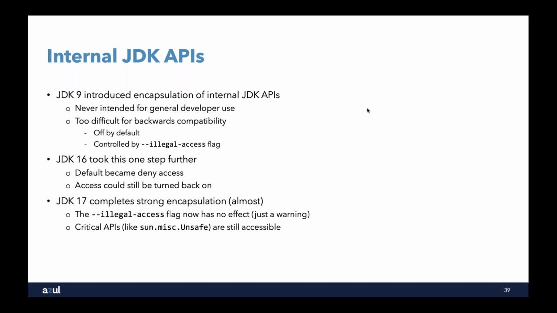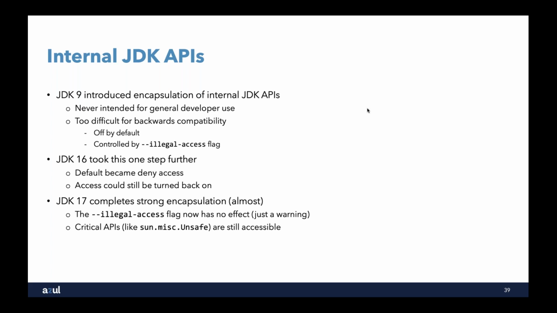So they introduced the illegal access flag, which had a default setting of allow, meaning you could still access all of the internal APIs without having to set a specific value for the flag. JDK 16 turned that off by default. So it set it to deny, meaning if you wanted to continue using those internal APIs, you could still do so, but you had to set the specific command line flag to enable that.